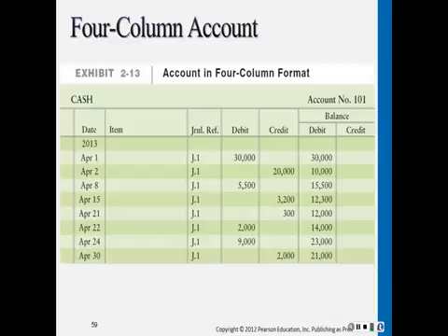The second pair of amount columns shows the balance of the account as of each date. For this reason, the 4-column format is used more often in practice than the T account. Cash has a debit balance of $30,000 after the first transaction and a $10,000 balance after the second transaction.